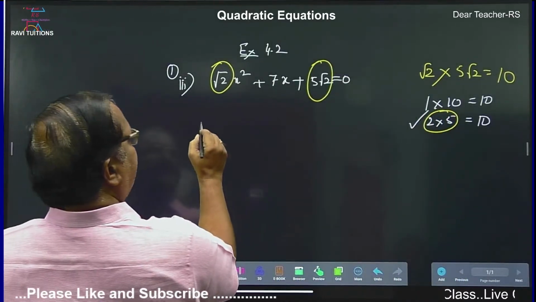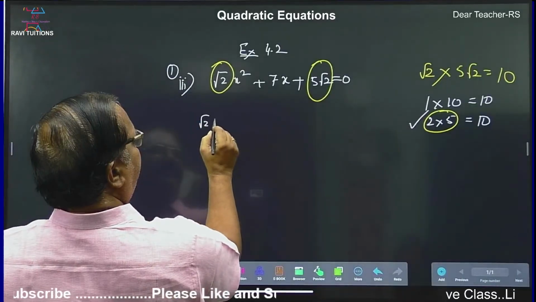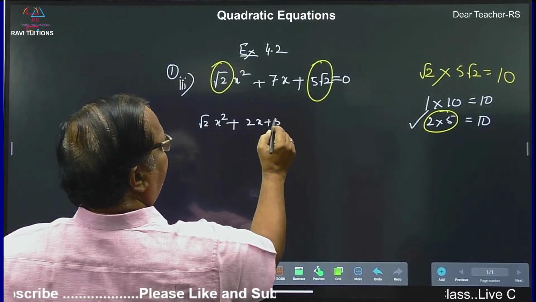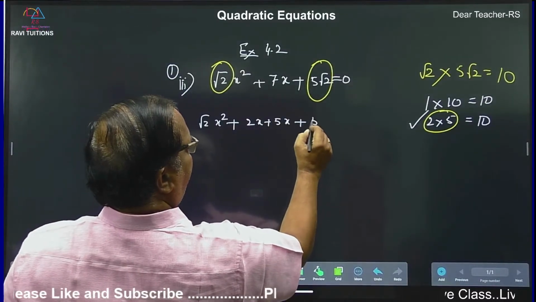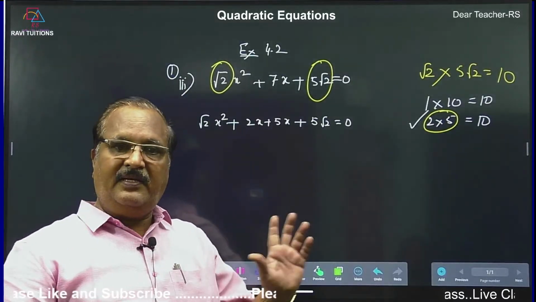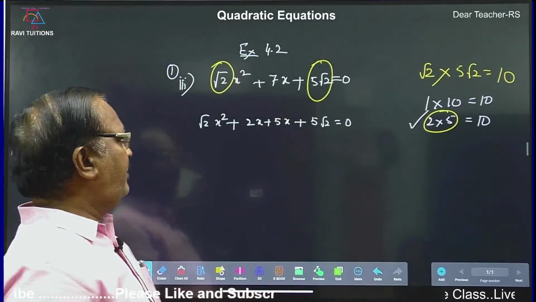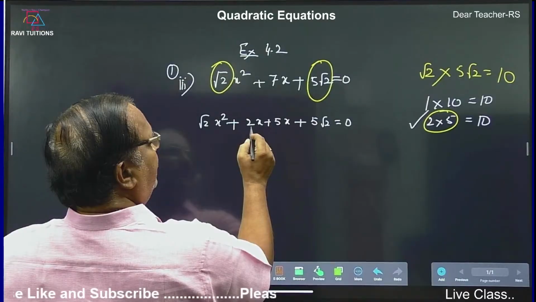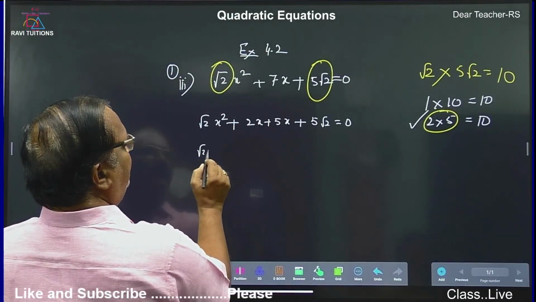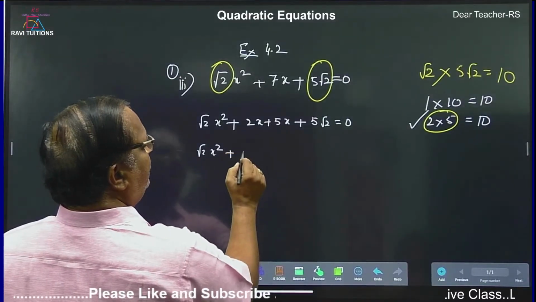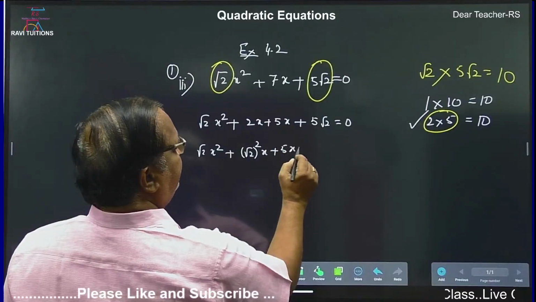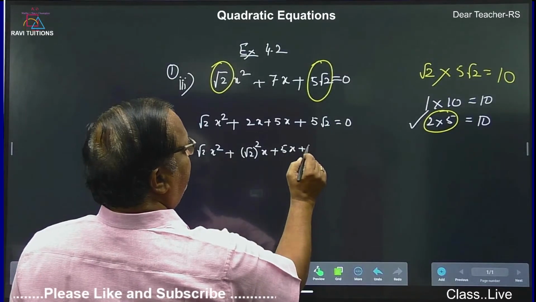So, now let us write, remaining thing is you write as it is, 2x² + 5x + 5√2 = 0. Now, here you have to think a few more points. Here I will write 2x² as (√2)² x² + 5x + 5√2.